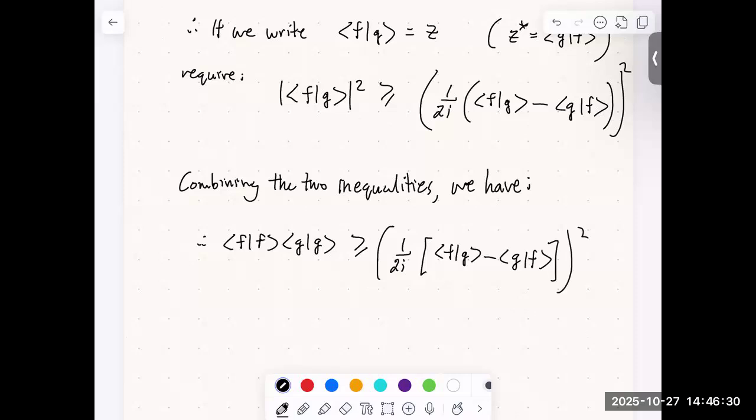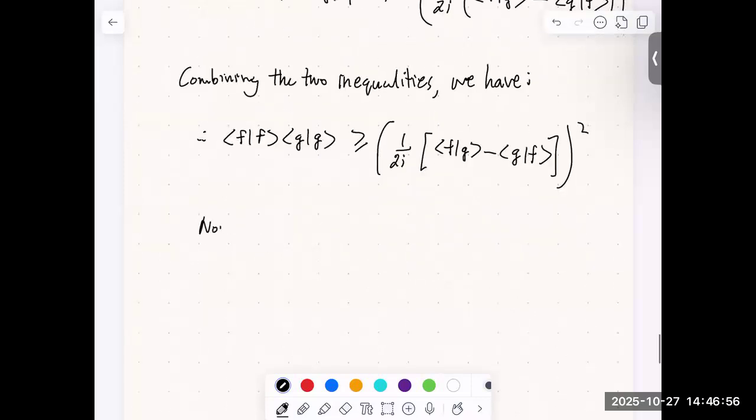So we're getting close to what we want. Does this remind you of anything, like a fg minus gf? What does that remind you of? Usually, if we do like an AB minus BA, that just evaluates to 0. Yeah, it's the commutator. So we're going to get a little commutator that's going to pop out of this.